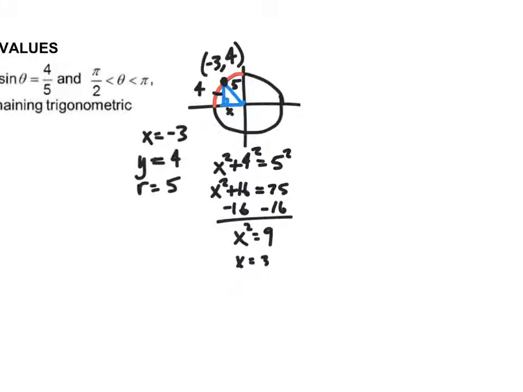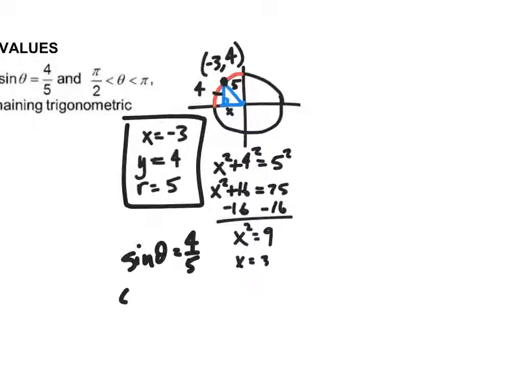Knowing those values, I can write out sine of theta is equal to 4 fifths. I know that cosine of theta is equal to negative 3 fifths. If I wanted to find tangent of theta, then that would be negative 4 thirds.